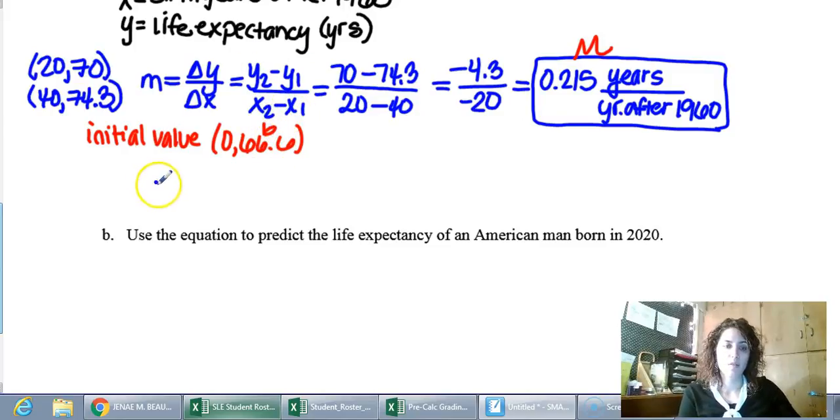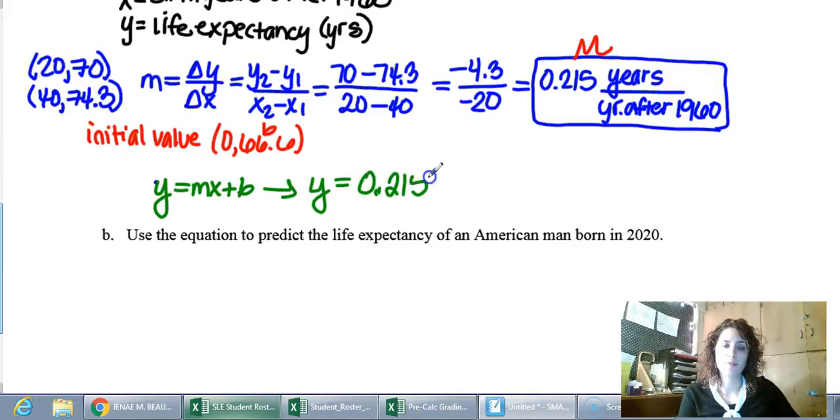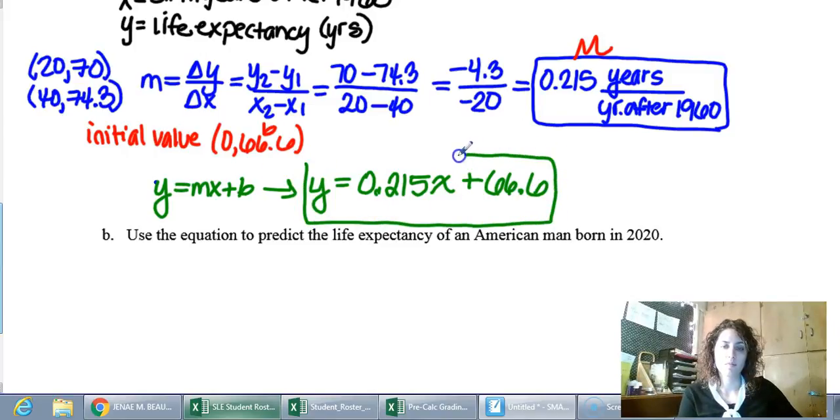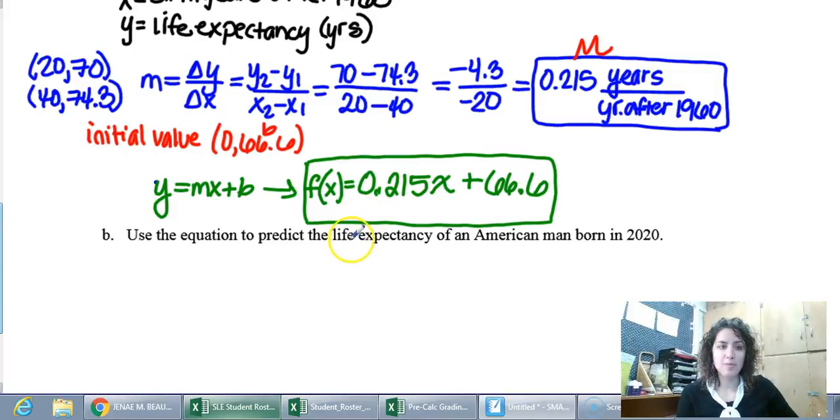Writing y equals mx plus b is y equals 0.215x plus 66.6. And I'm going to change y to be f of x, just because it's a little more useful for evaluating follow-up questions.